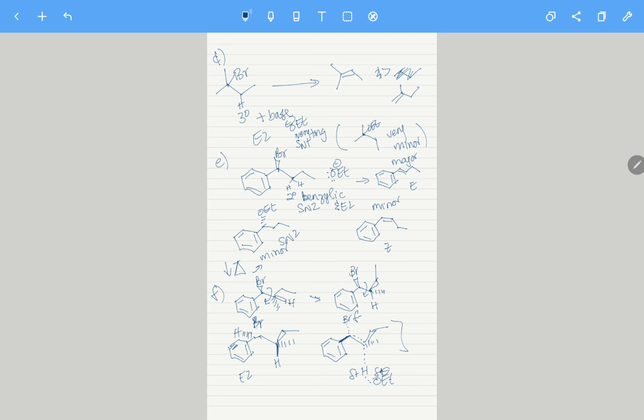So the bromine, this is straight. This is actually a wedge right here coming to that. So this is a wedge like that. So that would mean that this ethyl group and this phenyl are going to be on the same side. So when I do this elimination, I end up with something that looks like this.